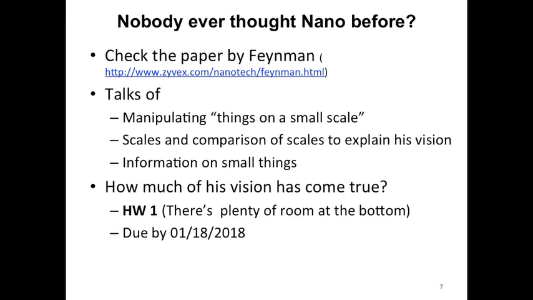You also have to comment, while answering that question, on what things have not been demonstrated. For example, if he talked about nanoscale robots moving inside a human body and doing different stuff, I have not seen that yet.